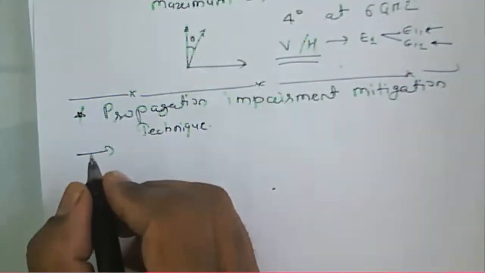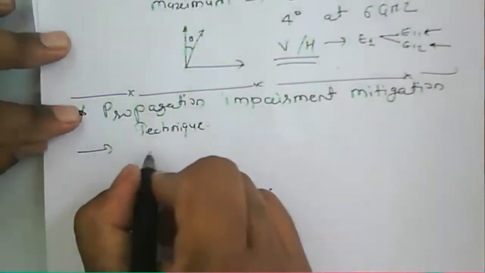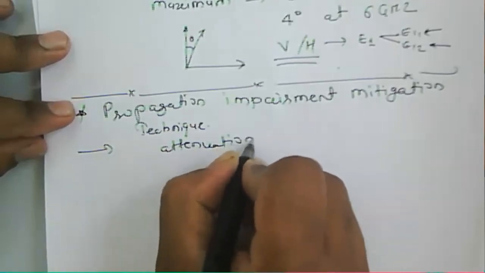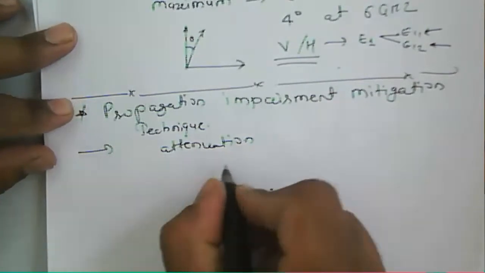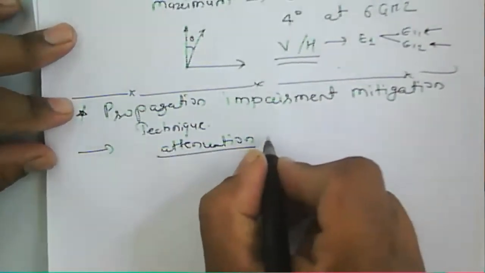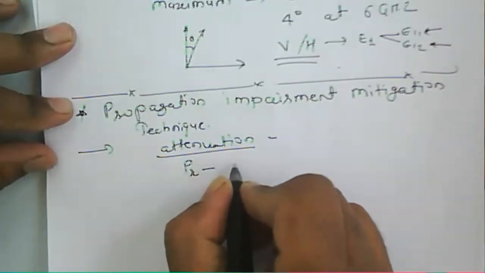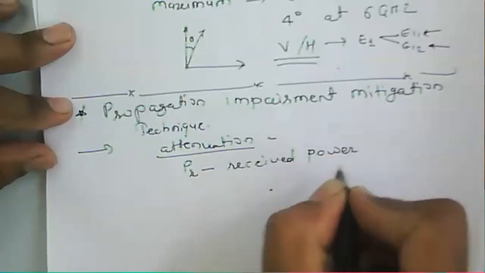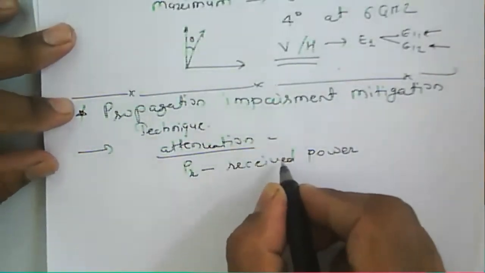What we can say is that when we transmit a signal from the earth station to the satellite, your signal gets attenuated, or we can say that attenuation or absorption takes place. Now at the receiver, due to the attenuation or absorption, the received power level will be degraded here.